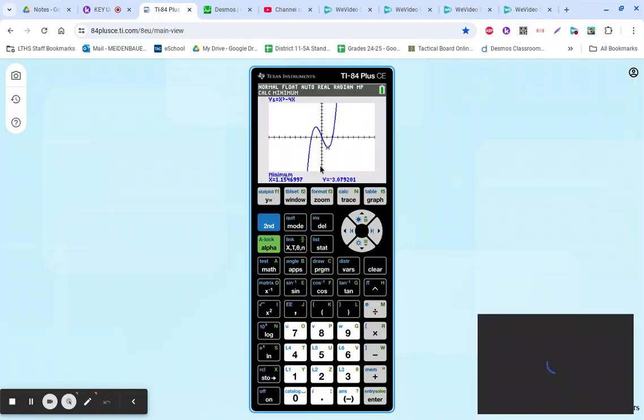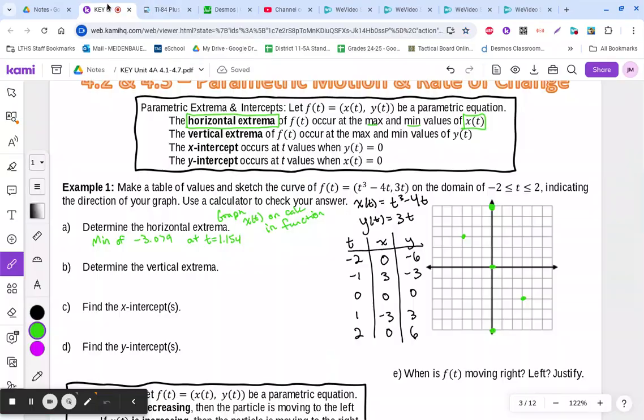And then we can go ahead and do the same thing to max. So second trace, hit 4 for max. This looks like it's an odd function, so it should be symmetric. Hit enter. We'll get the same values, except positives and negatives will be changed here. So we have a maximum of 3.079, and that happened at that t value.